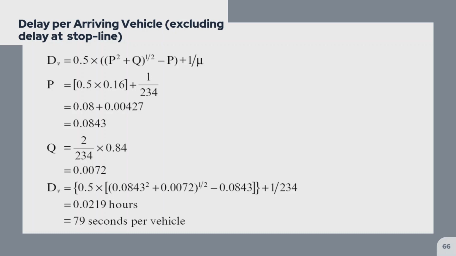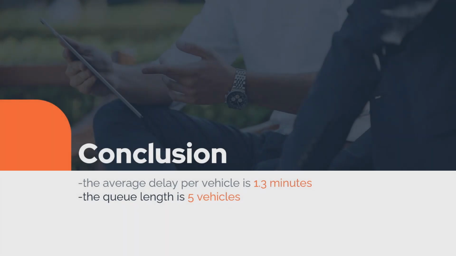Next, we get the delay per arriving vehicle by following this process. It is important to consider that we are excluding the delay at stop line. We conclude that the average delay per vehicle is 1.3 minutes and the queue length is 5 vehicles, as indicated in the problem.